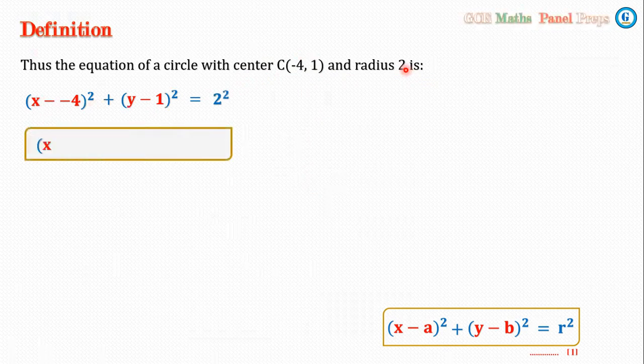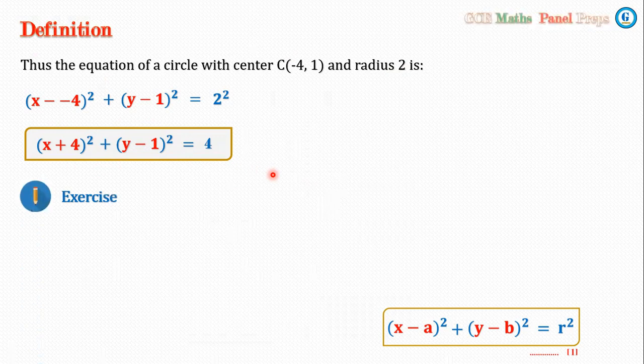So we can simplify this to have (x plus 4) squared plus (y minus 1) squared equal to 4. So the Cartesian equation of the circle with center (-4, 1) and radius 2 is (x plus 4) squared plus (y minus 1) squared equals 4.